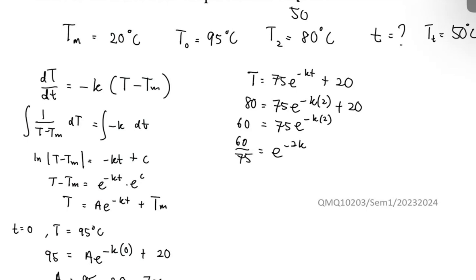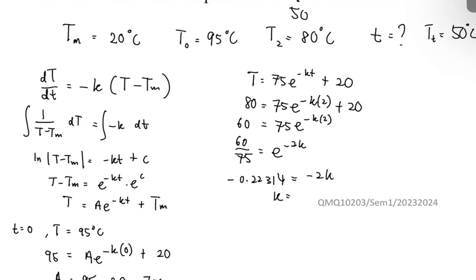Take ln of both sides. We have ln (60 over 75), which is negative 0.2231 equal to negative 2k.